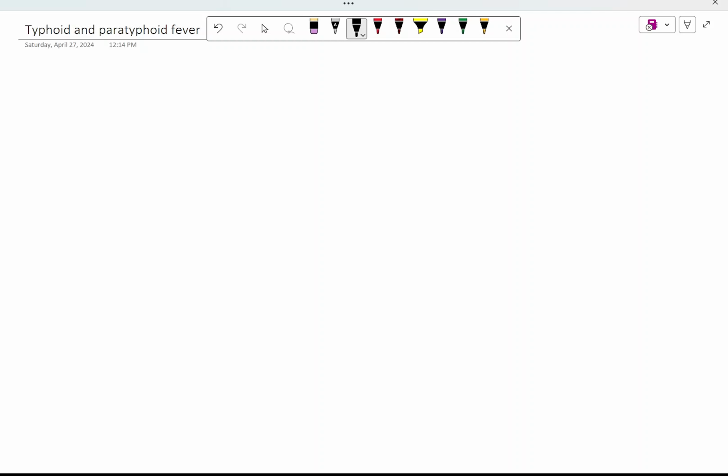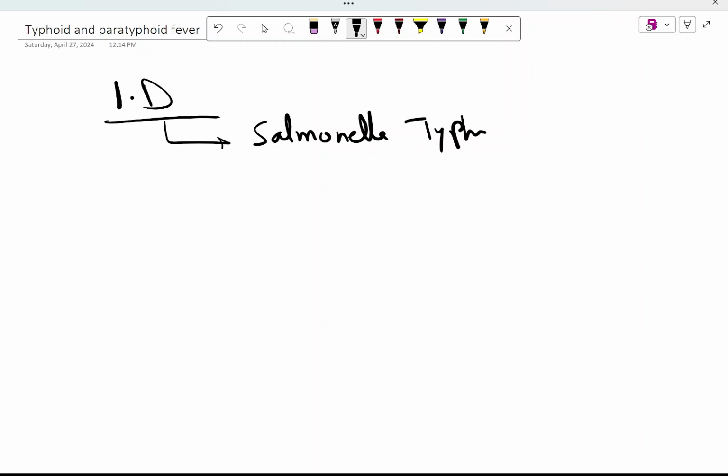These are infectious diseases. Typhoid fever is caused by Salmonella typhi, and paratyphoid fever is caused by Salmonella paratyphi.